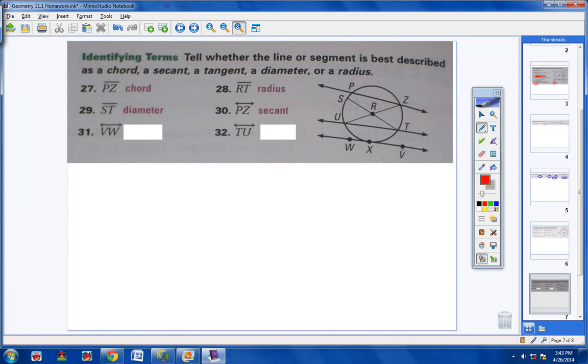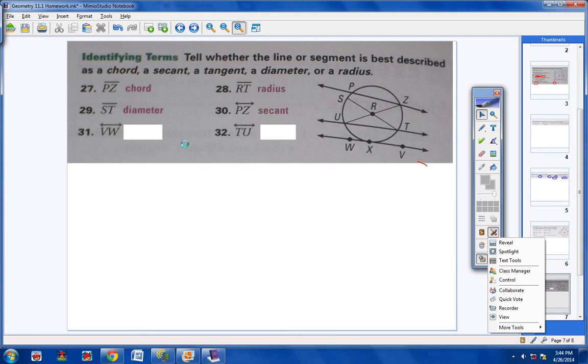Here's V, here's W, so here's line, not segment, line WV or VW. Doesn't line WV intersect the circle in one place right here? Definitely. So what do we call that? Don't we call that a tangent line? Sure we do. So that point right there will be tangent to the circle.